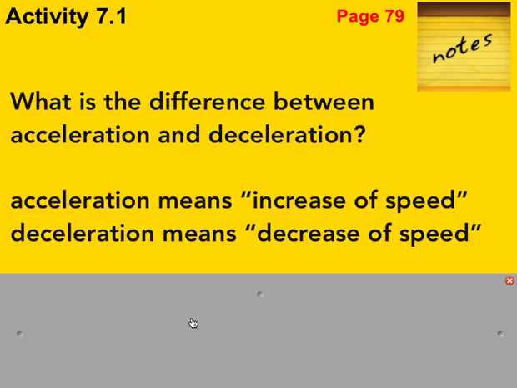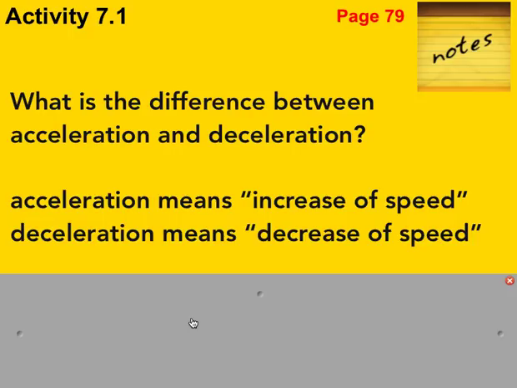Well, acceleration means an increase of speed. Typically, when we talk about deceleration, it means a decrease of speed. A lot of times we say, I'm accelerating or I'm slowing down. We don't usually use the word deceleration. However, you have to be careful. When we talk about acceleration, if it's a positive number, it does mean an increase of speed.